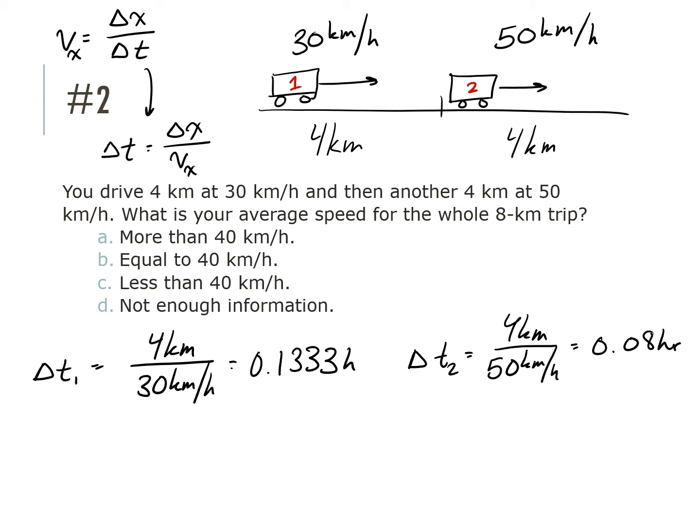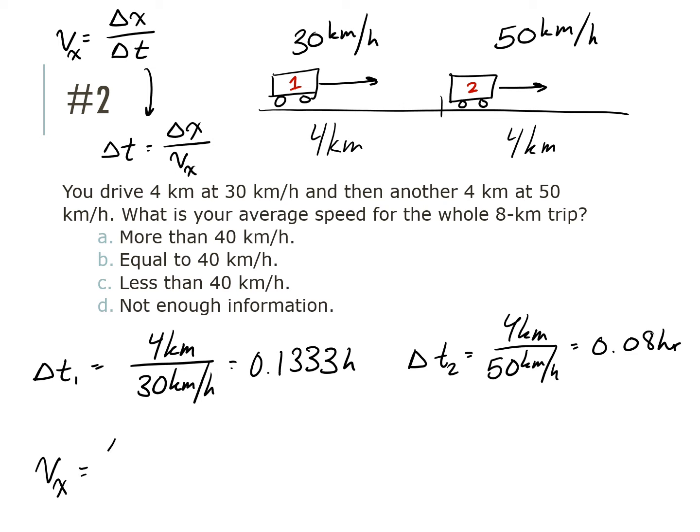The reason I'm doing this is now I have the entire time that I travel. I can just add time 1 and time 2 to each other, and this is going to help me solve for my total time. And if I solve for the total time, I can then go back and calculate the average value for my velocity for the entirety of this time.